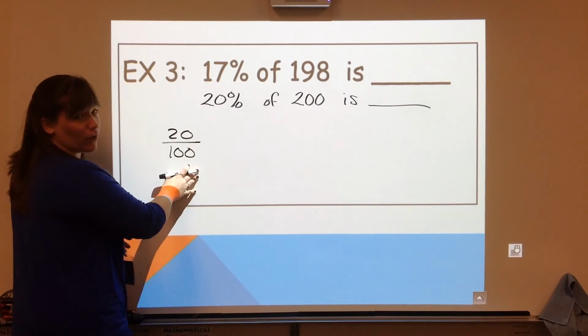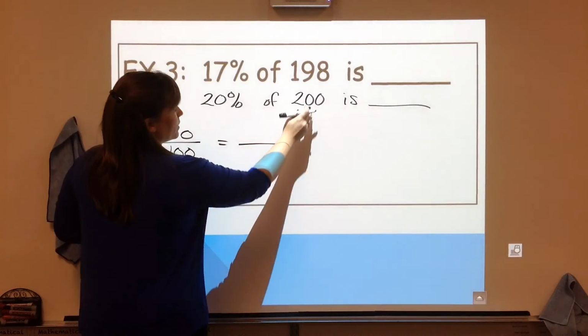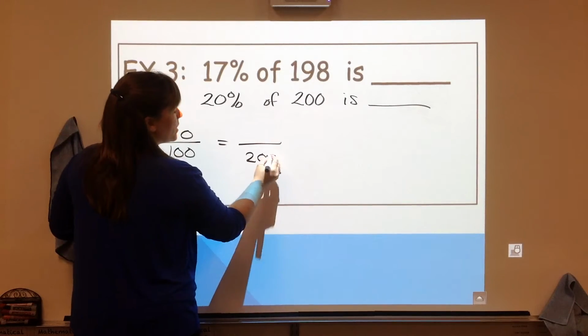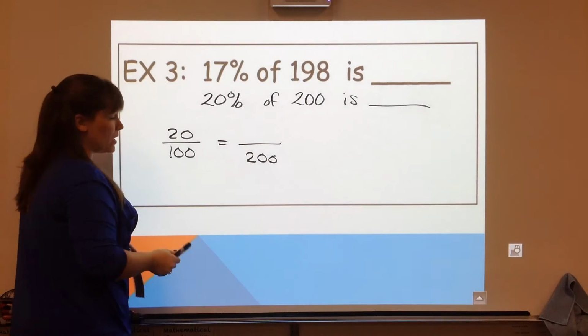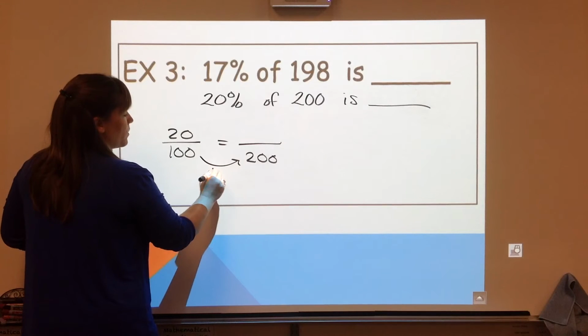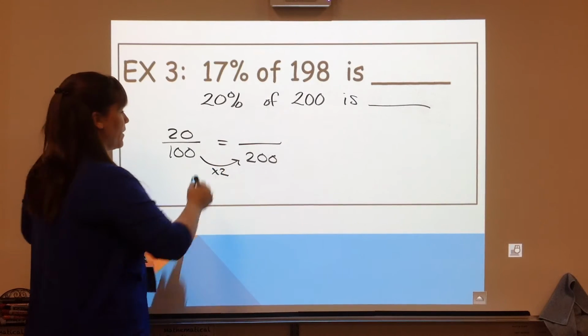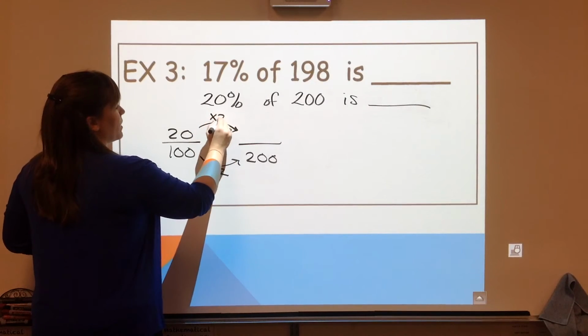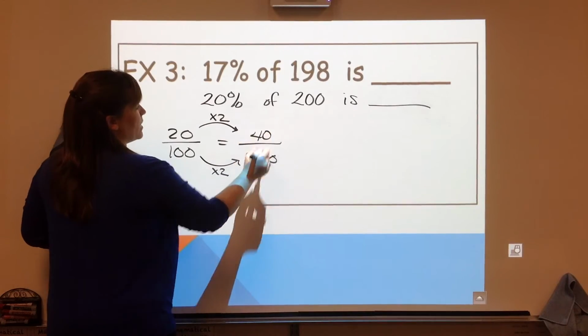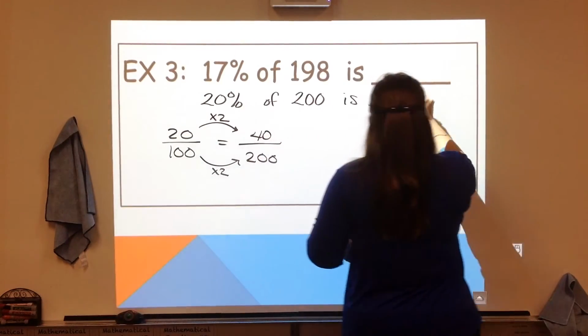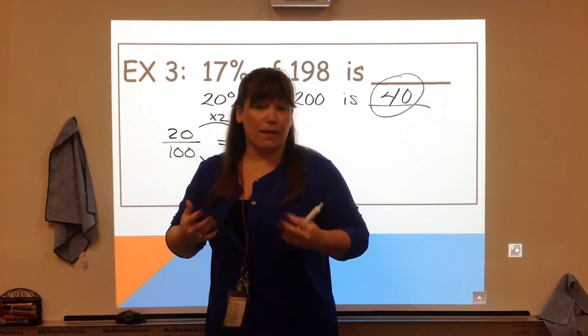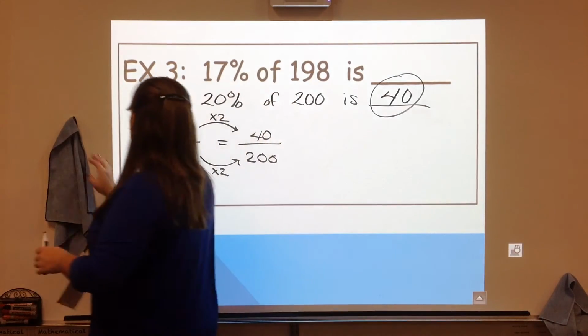I want that 100 in the denominator because the 200 is going to come down here to be the new denominator. This is really simple now because we've made them compatible, and we're going to multiply by 2, and we get our 40 for our answer. And that is using equivalent rates.